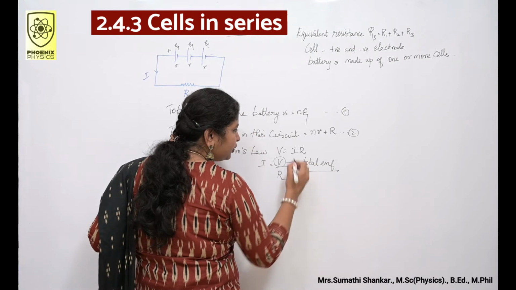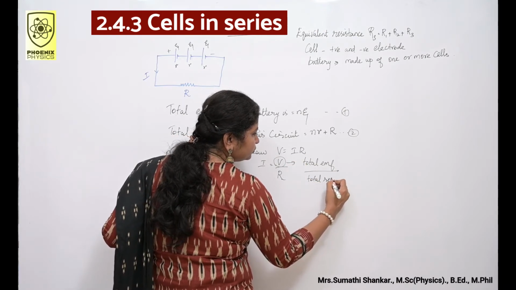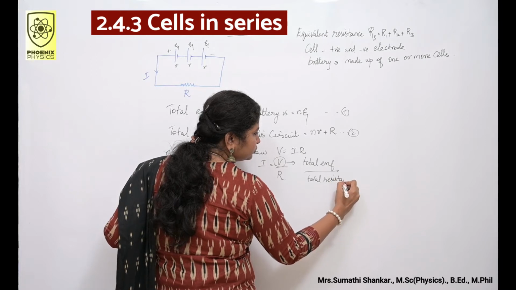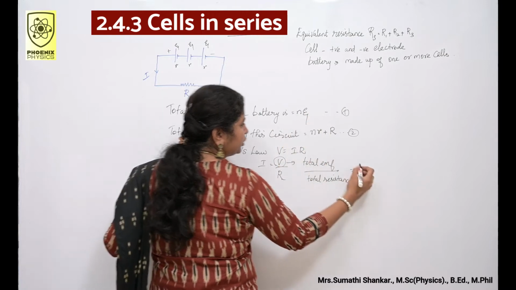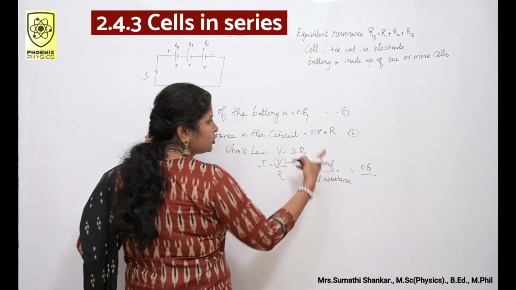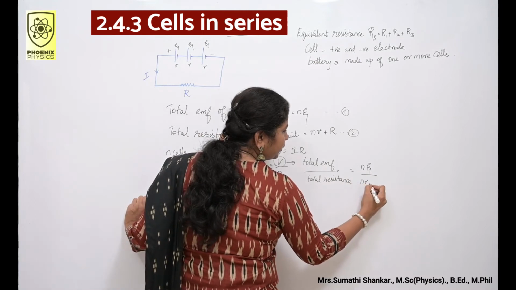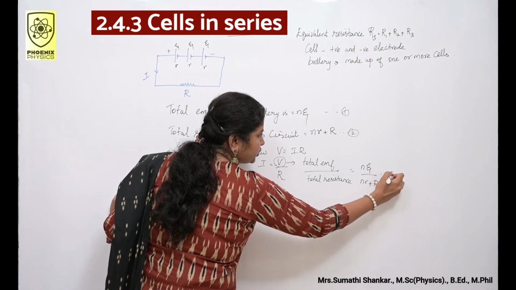Instead of R, we can substitute total resistance. What is total EMF here? n Xi. Then total resistance is n r plus capital R. Say this is my equation 3.